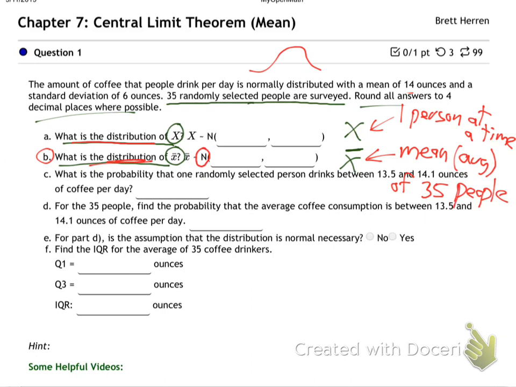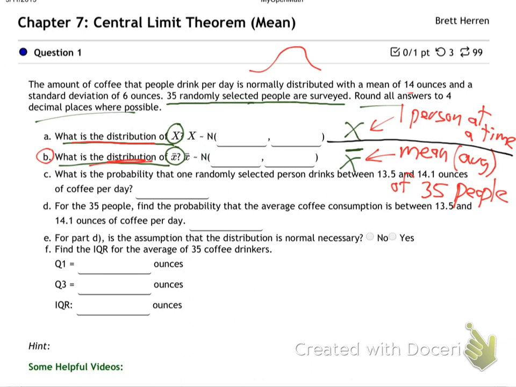So you're seeing the differences there. They're going to do this on every question. So the plain X means the one person at a time, like rolling one die at a time. And the X bar means the average of 35. They told me 35 people per time. So, okay, so what? What does that mean?